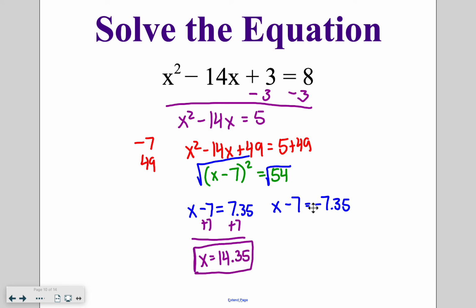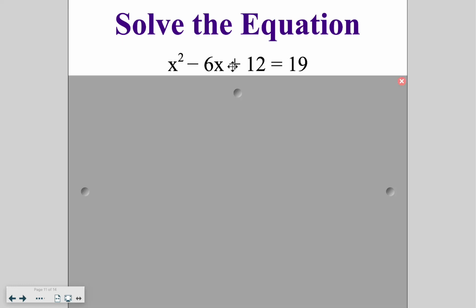And then when I solve my second answer by adding 7 on both sides, I get x is equal to about negative 0.35 with my rounding. So we still have our two answers, one from the positive case and one from the negative case. You can plug them back in to verify that it would in fact equal 0. Go ahead and try this one on your own.